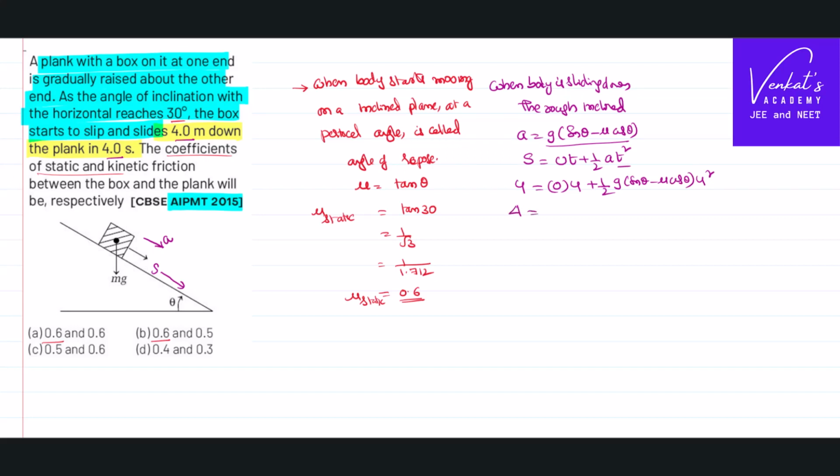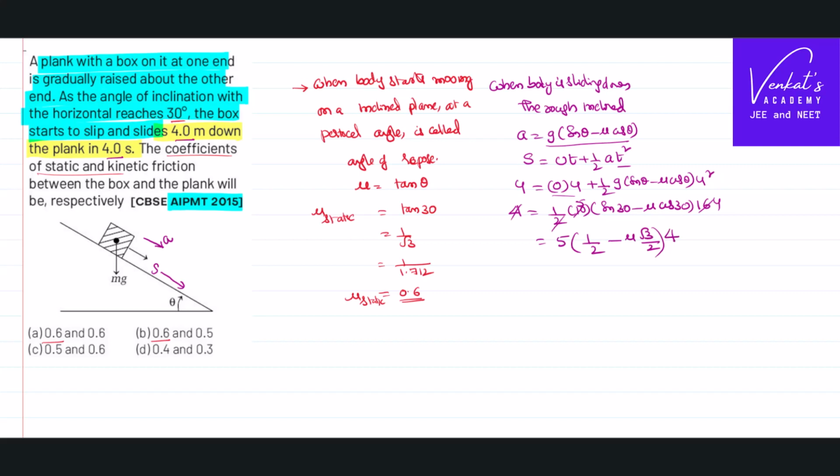So 4 equals 0 plus half, g value is 10, sine 30, the angle is given to you as 30, cos 30, 4 square is 16. The 4 and 4 can be cancelled here. This is 5. So 5 of sine 30, which is half, minus mu times cos 30, which is root 3 by 2, into 4.